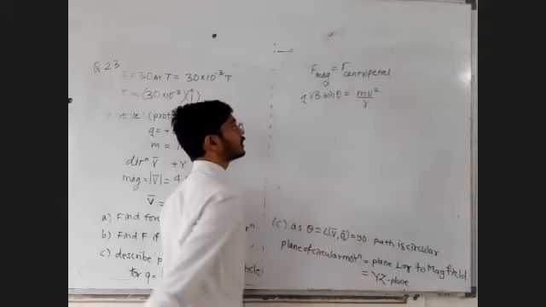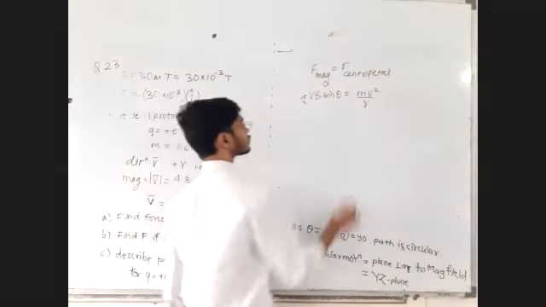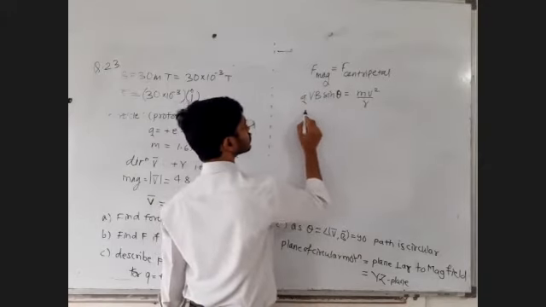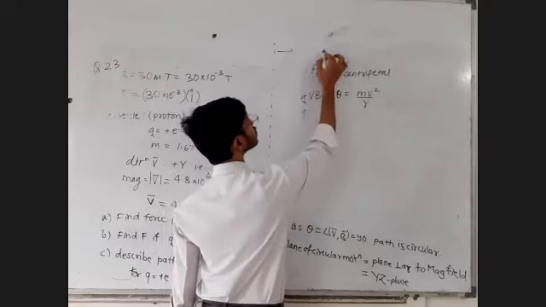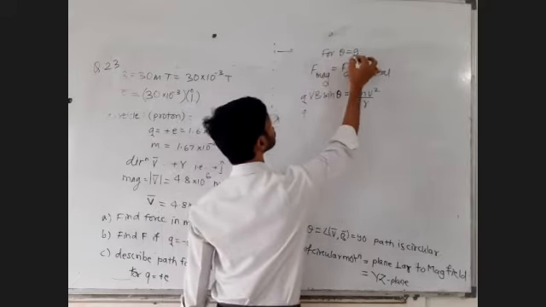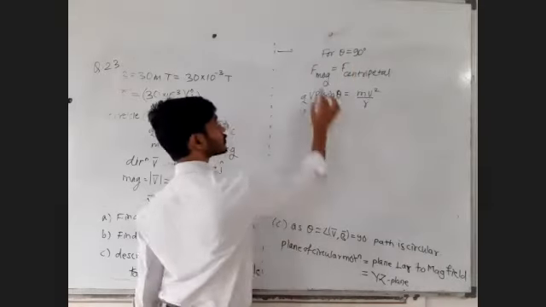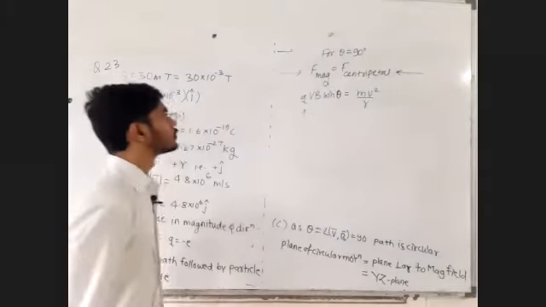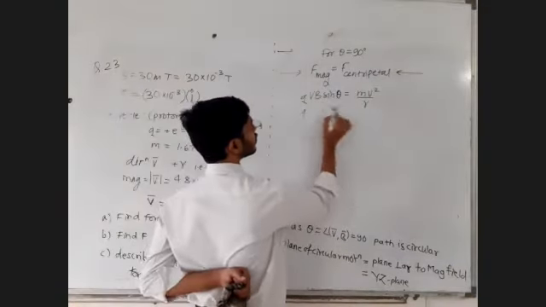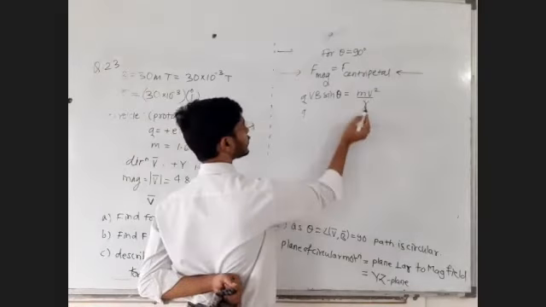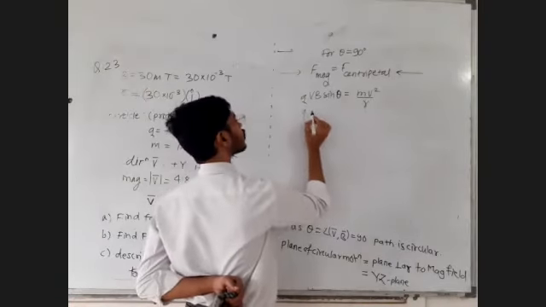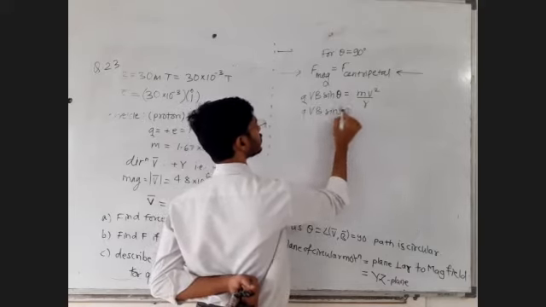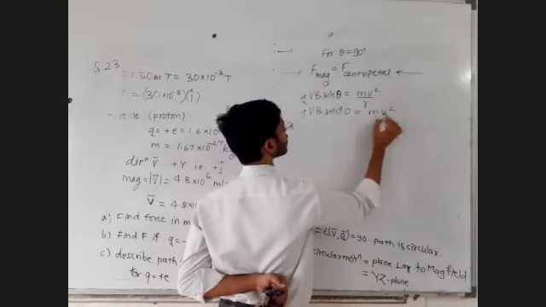This is applicable only if theta is 90, not always. You can write this for theta equal to 90, not always. Next, we want to find the radius R. qvB sin 90 is equal to mv square upon r.